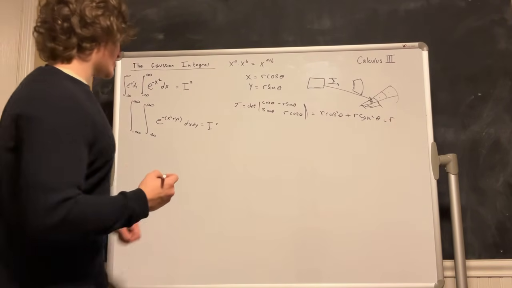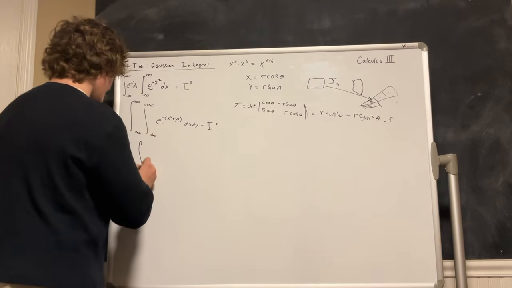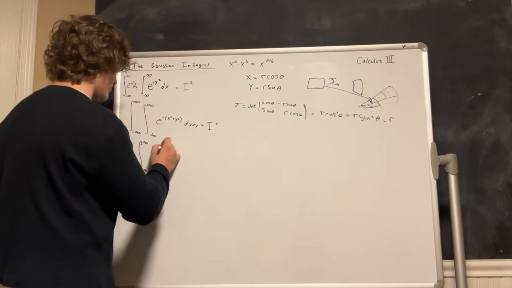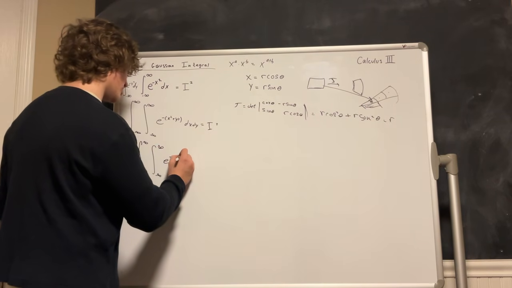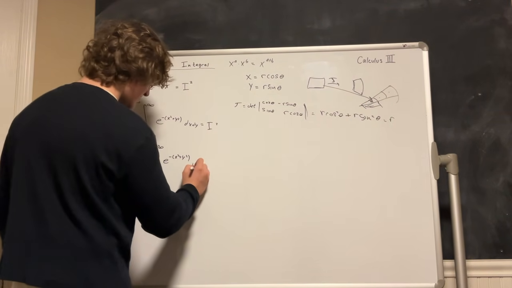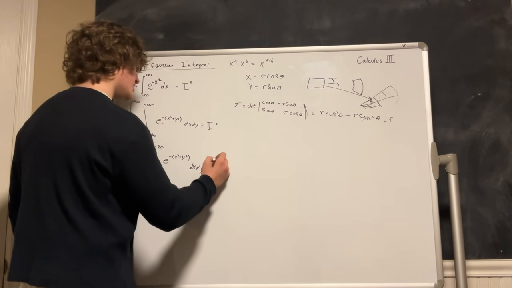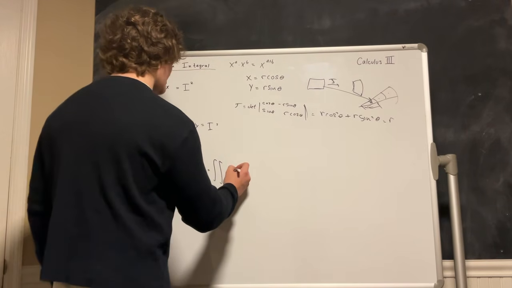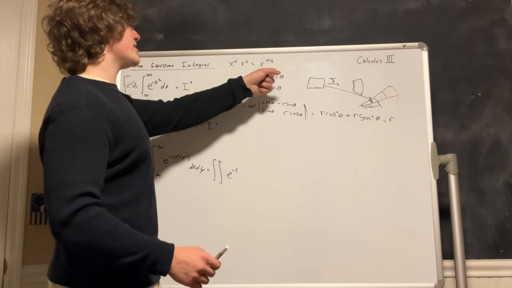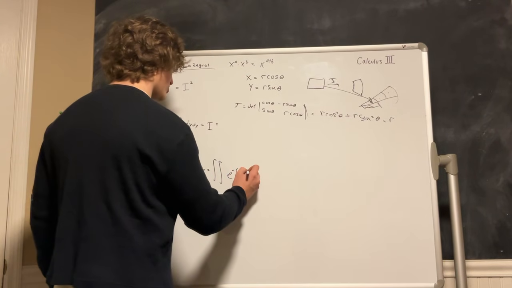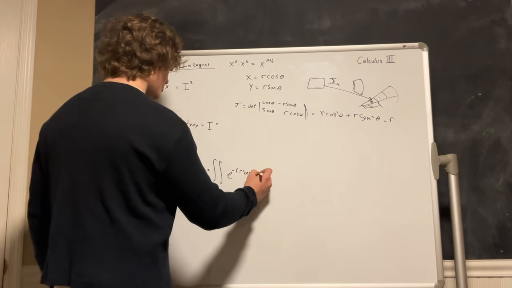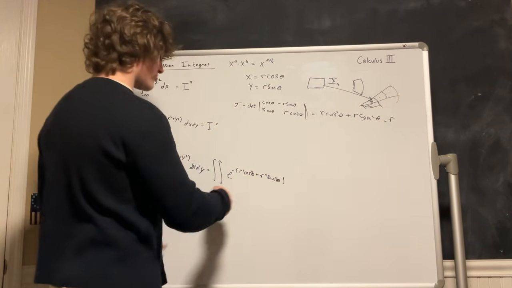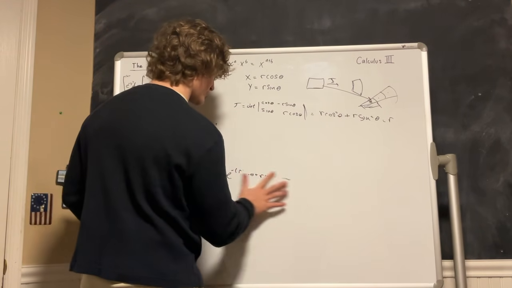So let's apply this transformation. This lets us say that the integral from negative infinity to infinity, and then once again, negative infinity to infinity, of e to the negative x squared plus y squared dx dy is equal to our integral among new bounds, which I will talk about in a second, of e to the negative our x squared, but we need it in terms of this, so this is r squared cosine squared theta, plus our y squared, which is r squared sine squared theta, which you will recognize is just going to give us r squared.